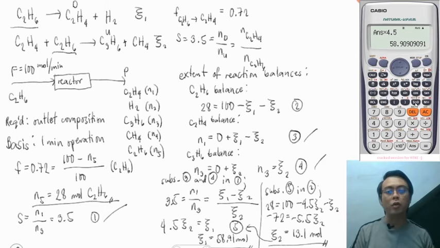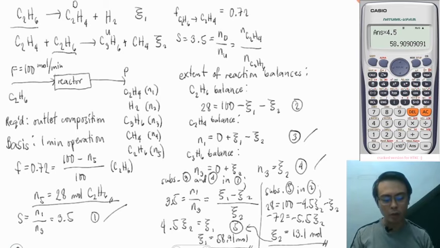Okay? Now, this should make sense that extent 1 is larger than extent 2 because remember, our desired equation is equation number 1 and equation number 2 is just a side reaction that is undesired. So therefore, it should make sense that extent 1, or the extent of the first reaction, is larger than the extent of the second reaction.